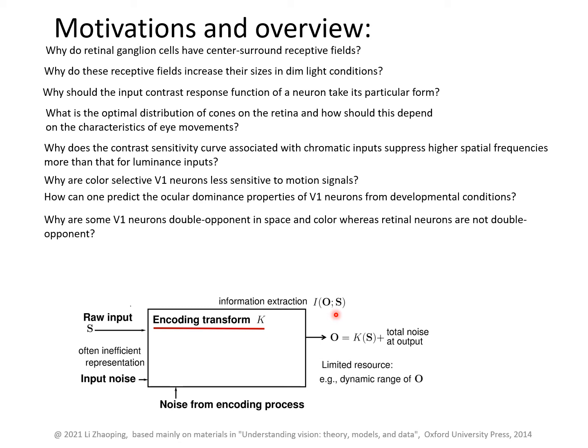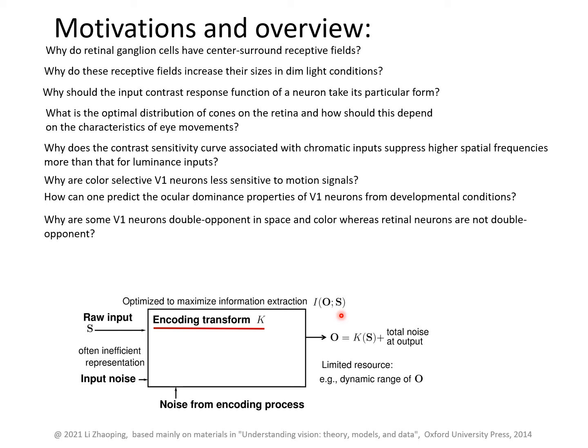For example, the dynamic range of O is limited, so I(O;S) is a limited quantity. The idea is to optimize this transform K so that this quantity I(O;S) is maximized.